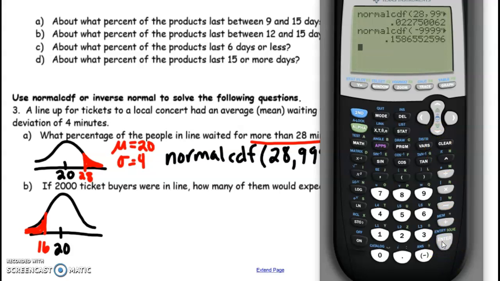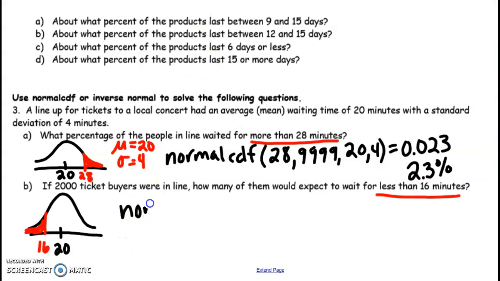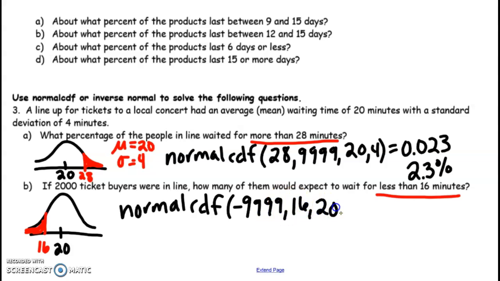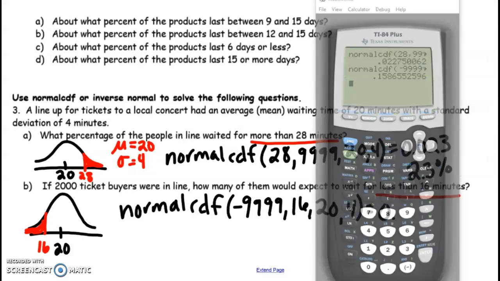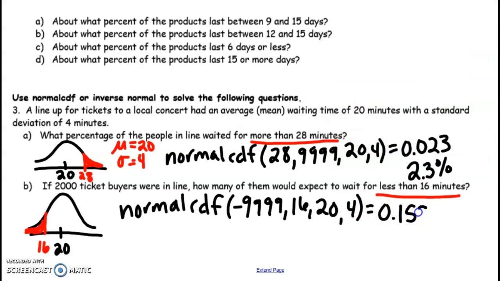And I get 0.159. And again, you can leave your answer as a decimal or you can make it a percent. I'd say I want to make it a percent, that's 15.9%.